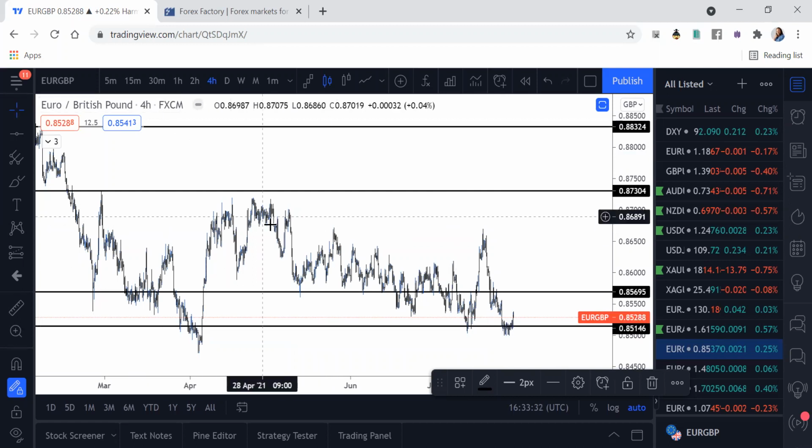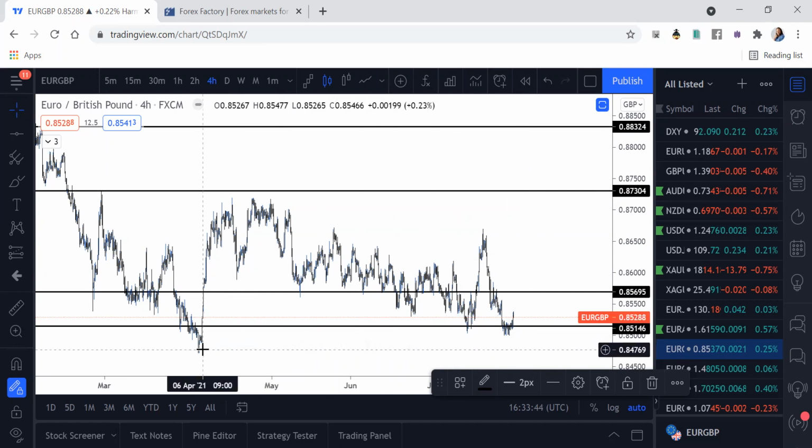Now, is there a pattern here that I can identify? Is this a continuation pattern? Because a continuation pattern would be me first identifying a sharp movement to upside or downside, and I need to see a pattern that tells me that price is going to continue now to go to the upside, or it's going to continue now to go to the downside.